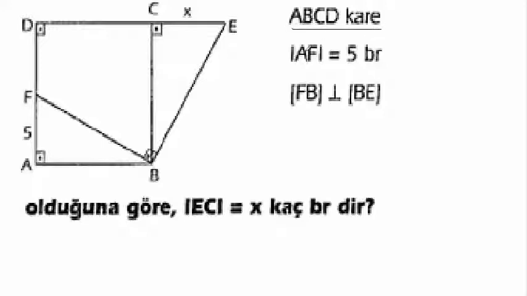ABCD is a square. AF equals 5 centimeters. FB is perpendicular to BE, and it asks for the x. So first, this angle is A, and this angle is B. So this angle automatically becomes A because A and B add up to 90, and one angle of a square is 90. So this angle becomes B too because the question gives us this angle over here is 90 degrees.